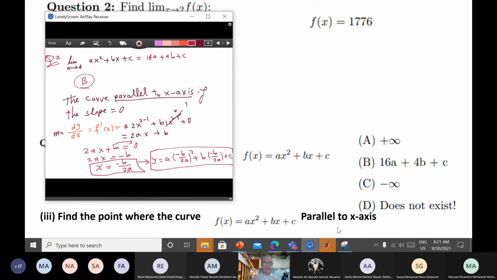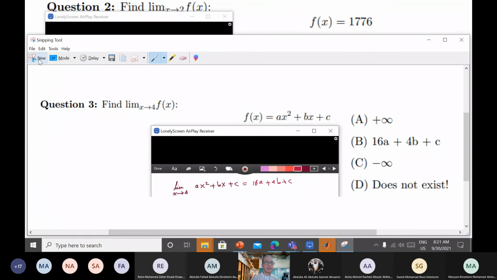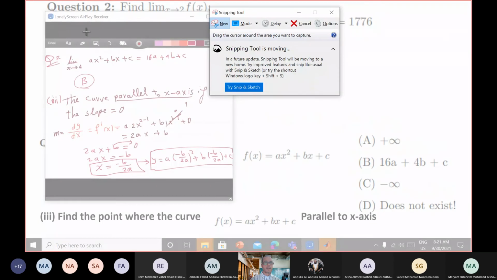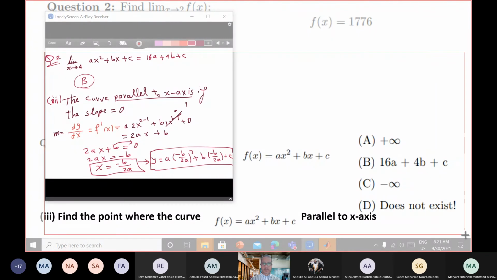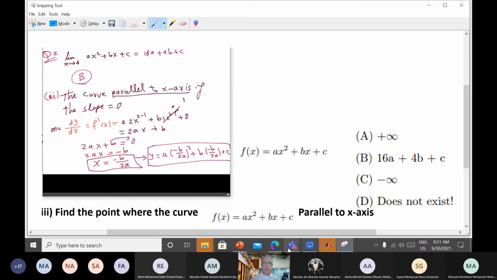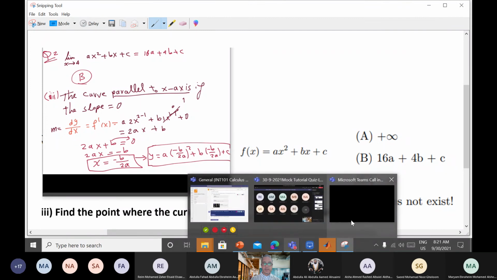This is section 2, sorry. There is no section 3 also. This is how to solve the question.